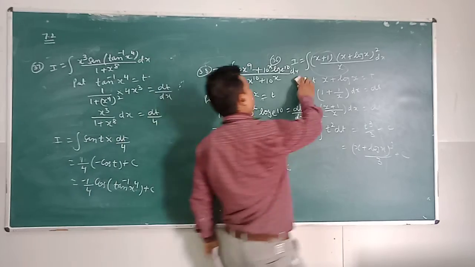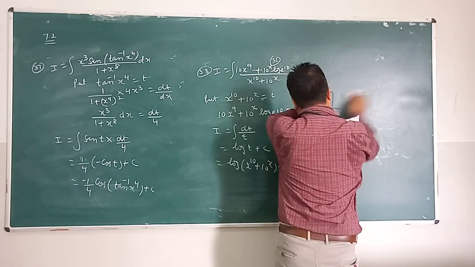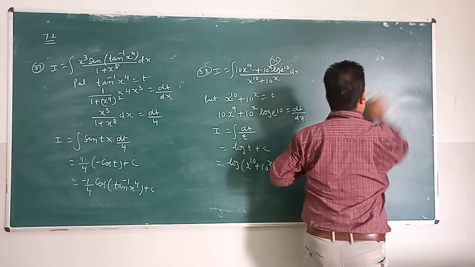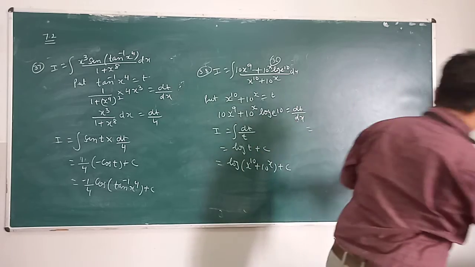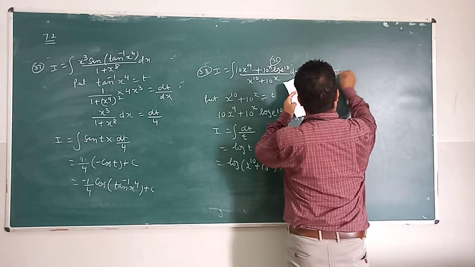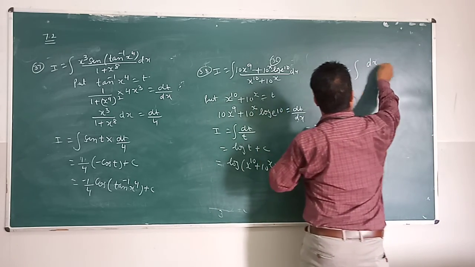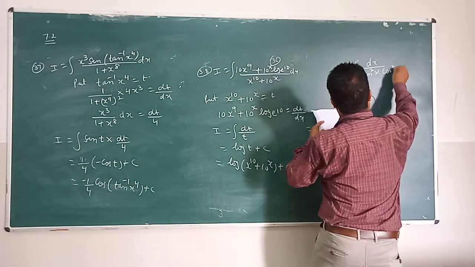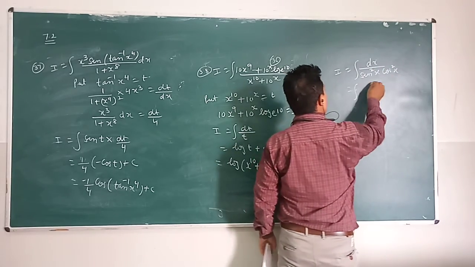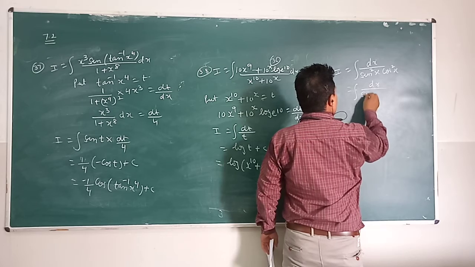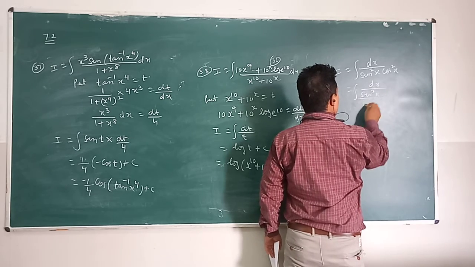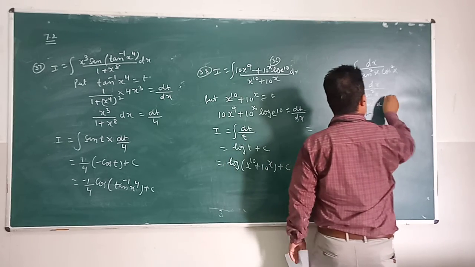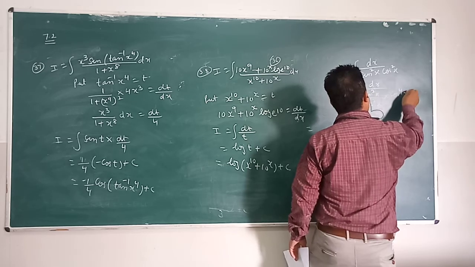In the last question of this exercise, I is equal to dx upon sin square x into cos square x. First we divide this by cos square x and multiply this by cos square x.